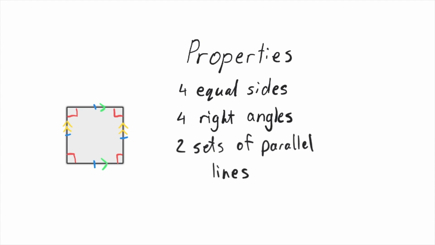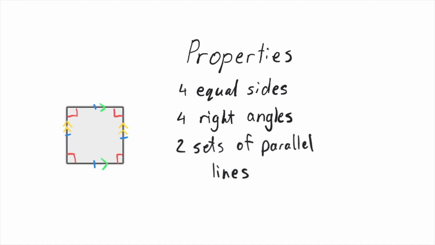And this characteristic is not unique to squares. Most regular quadrilaterals, that's a shape with 4 sides, will have at least one set of parallel lines. We do have some that don't, but squares do.